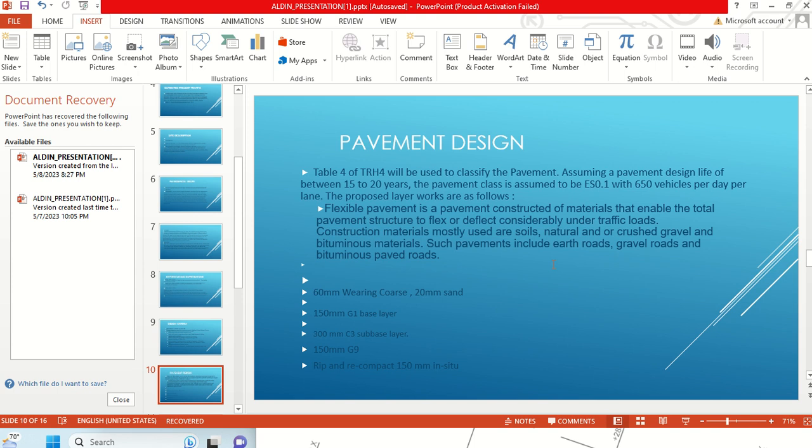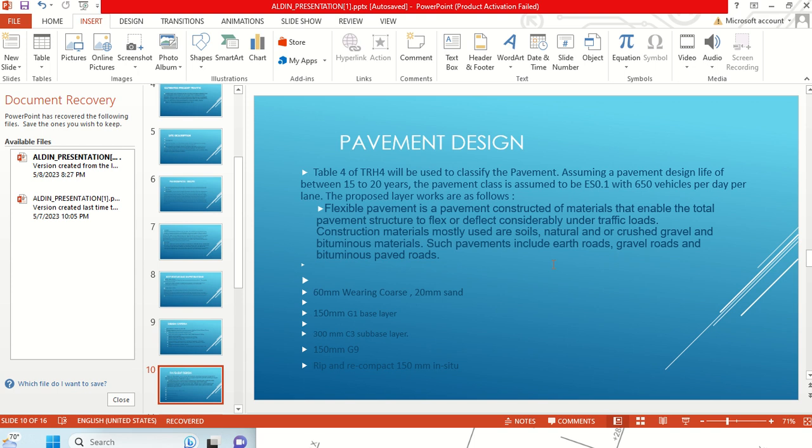A flexible pavement is a pavement constructed of material that enables the total pavement structure to flex and deflect considerably under traffic load. So basically, what it is saying is that the pavement that we need to design has to be able to endure the traffic load of the vehicles that will be traveling on the road each and every day.